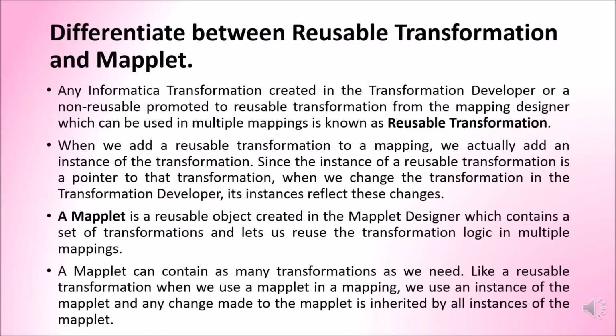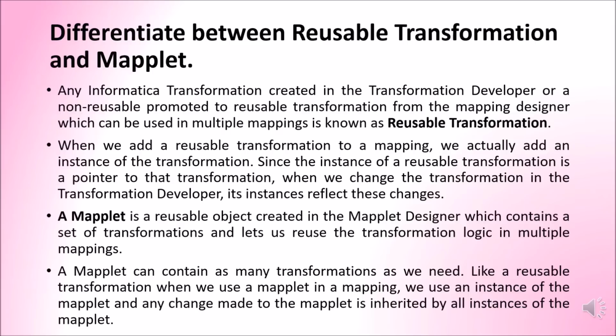But if you want to use a set of transformations which make up some transformation logic, and that logic you want to use in multiple mappings, then we create a mapplet.